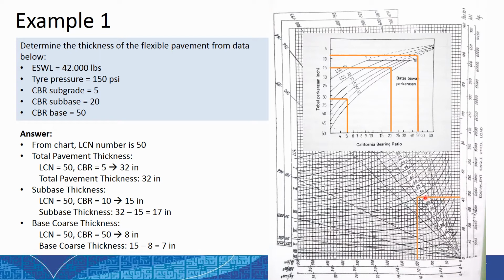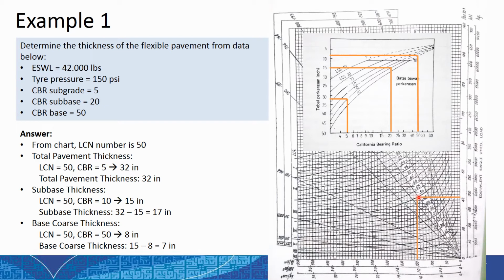From this side we project vertically from the tire pressure. From the question we know the tire pressure is 150, so we project it vertically until we meet the line that we projected horizontally.